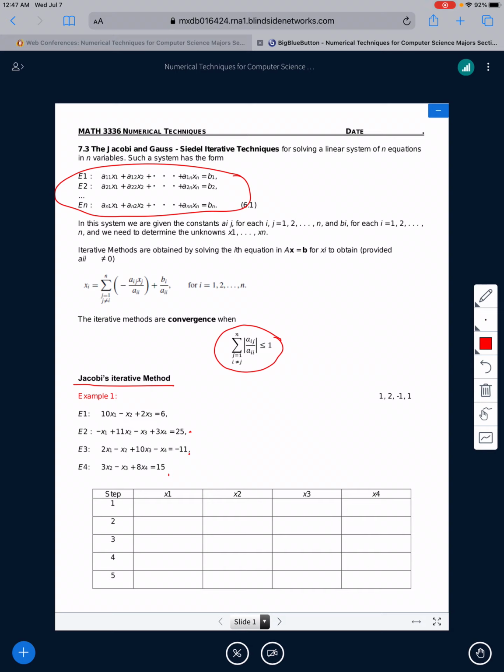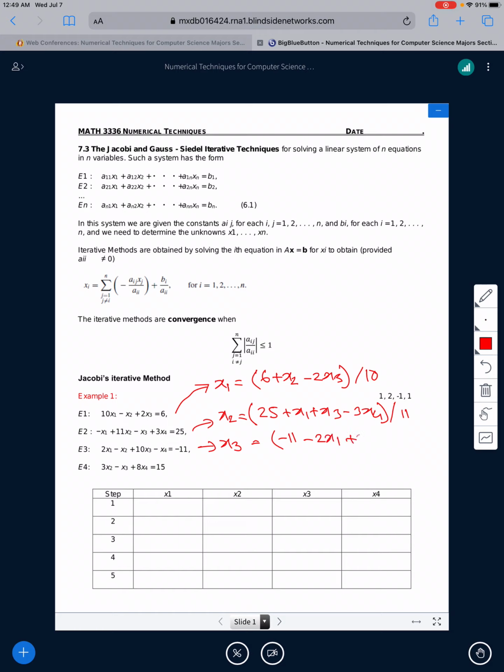Then my third equation will give me x3 equal to negative 11 minus 2x1 plus x2 plus x4, and then we will divide by 10. The last one is x4, which is 15 minus 3x2 plus x3, which is divided by 8.